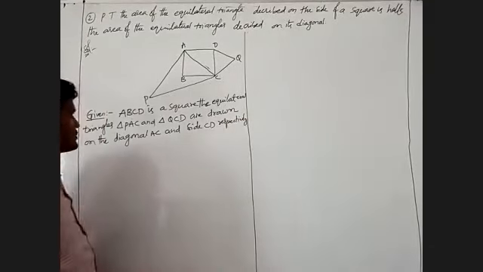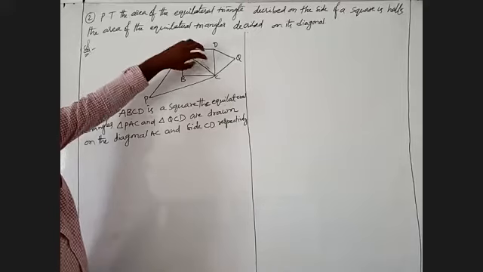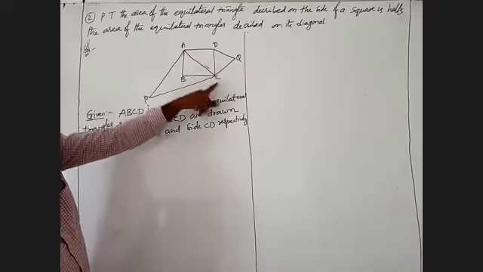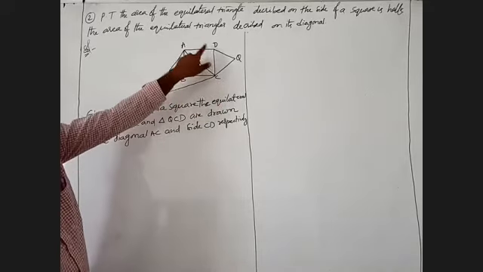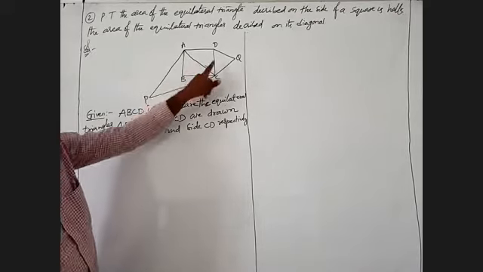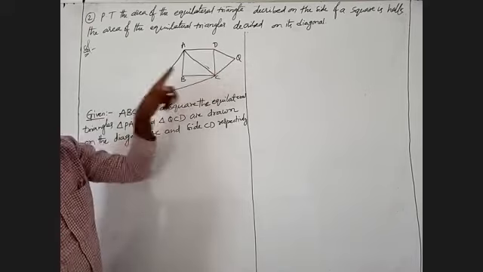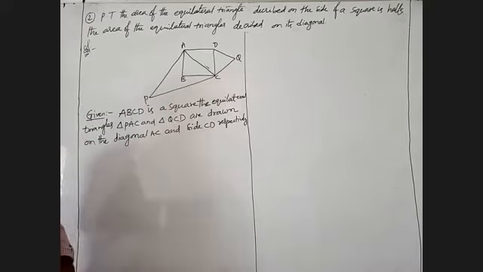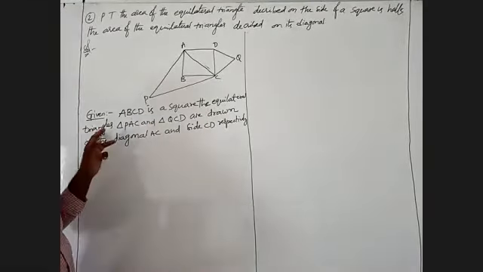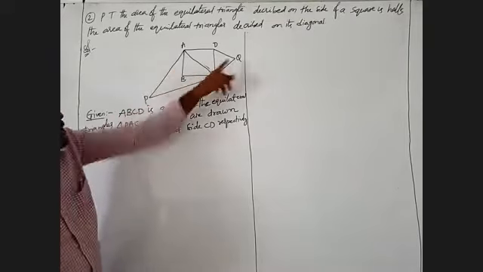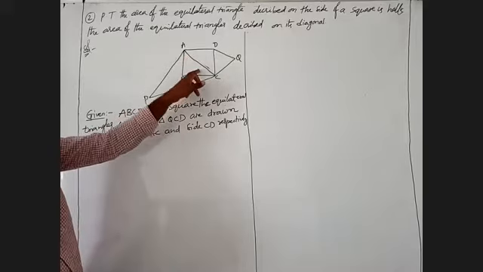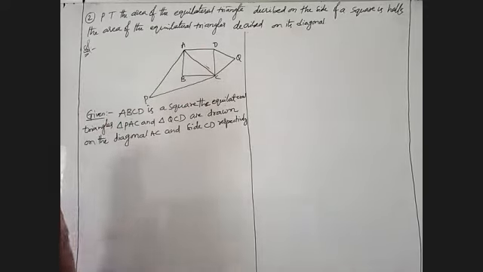Observe this one. In the square ABCD there are two equilateral triangles. One is triangle PAC, which is on the diagonal of ABCD. Triangle QCD is on the side CD. So I wrote: ABCD is a square. The equilateral triangles PAC and QCD are drawn on the diagonal AC and on the side CD respectively.